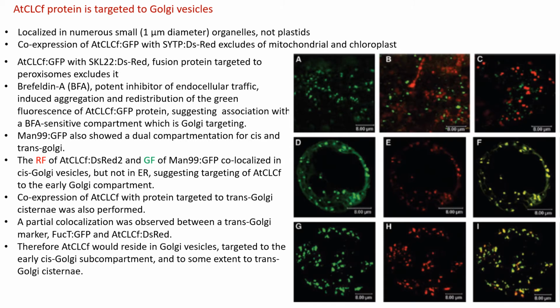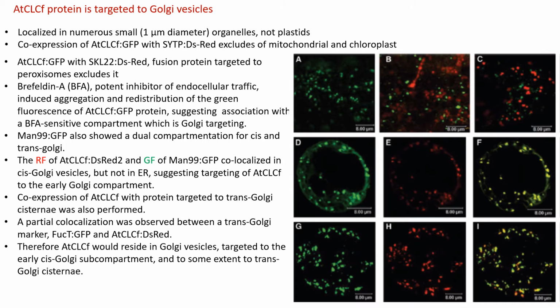And also, there was a co-expression of ATCLC-F GFP with SYTP DS red, similar to the experiment that was done for ATCLC-E, and the experimental results are present from panel A to C in the right-hand figure.